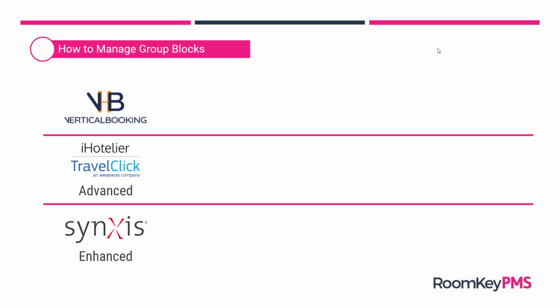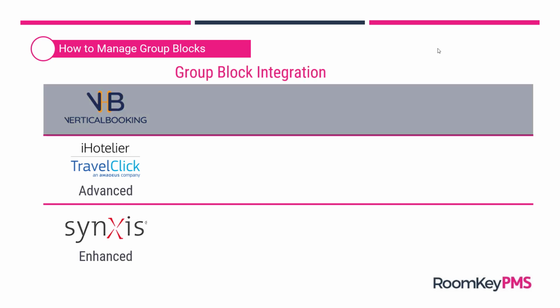The next thing that I want to take a look at for these connectivity partners is how to manage group blocks. And when we talk about group block integration, I will let you know that vertical booking does not support group blocks.